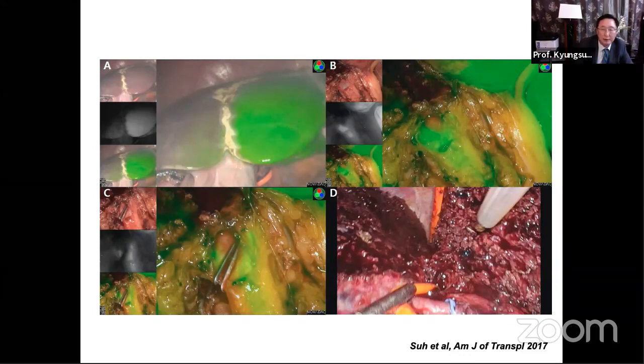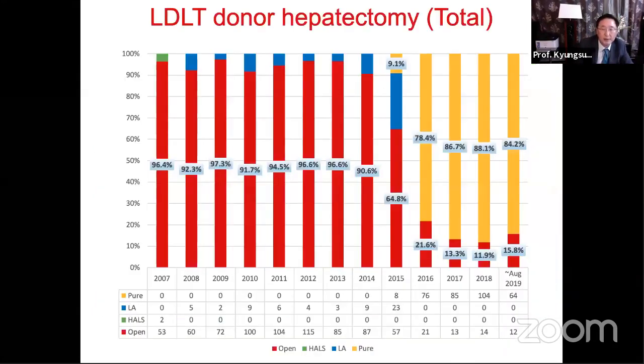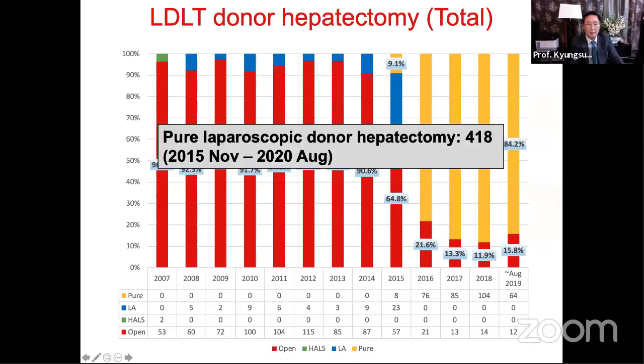donor surgery. With these technical advances, live donor operation is done laparoscopically in my center in most cases. As you can see, from November 2015, more than 80% of cases of donor surgery were done by pure laparoscopic hepatectomy, and until now we have done 418 cases.